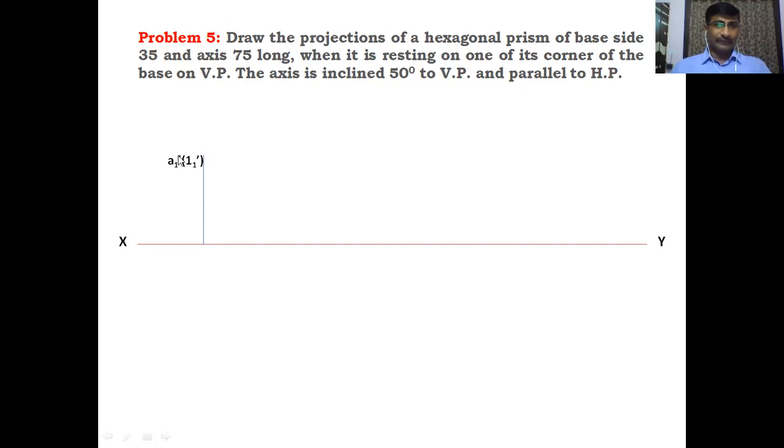In the front view, you have to locate them with dashes. In the first stage, we suffix with 1, because 1 represents the first stage and the dash represents the front view. A is the upper base corner, and 1 is the lower base corner.